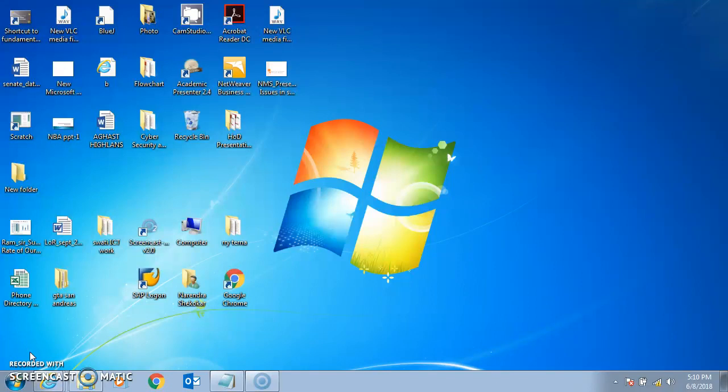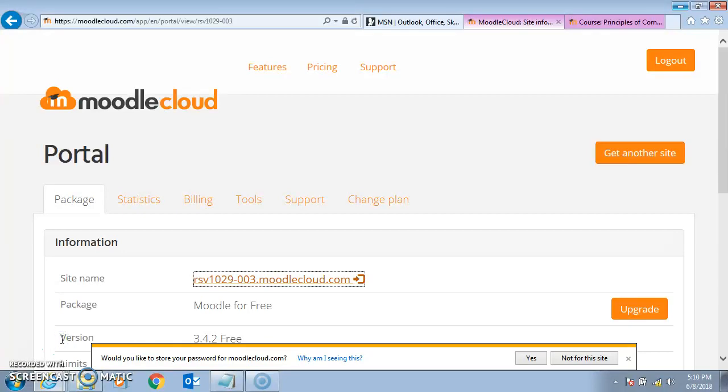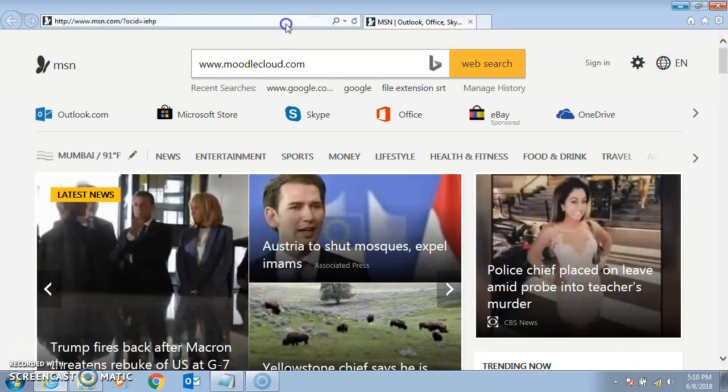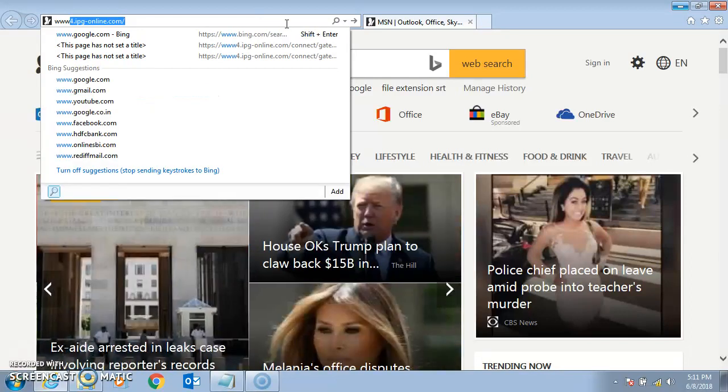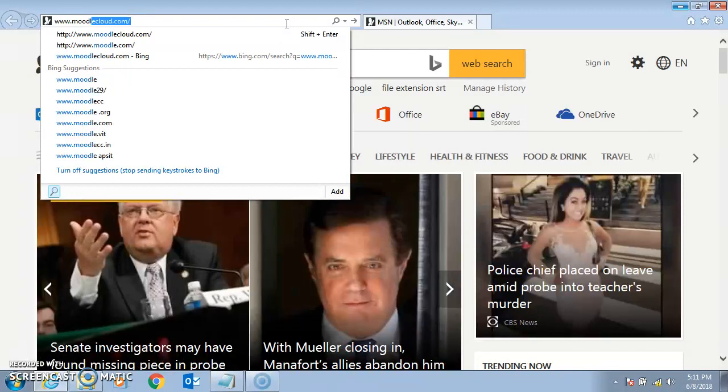We have created an OER activity in Moodle. First, a Moodle account is created by using a login name. Go to the site www.moodlecloud.com.